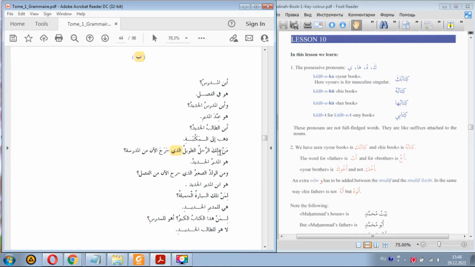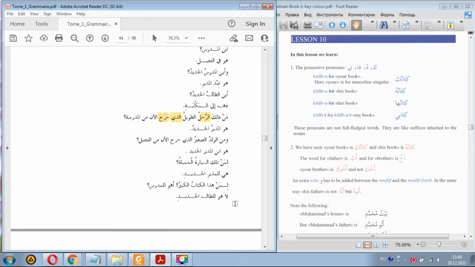Like: man dhalika ar-rajul at-tawil alladhi kharaja al-an min al-madrasa, who is that tall man who went out or came out of the school. So this is a relative pronoun, which means who if we refer to a human being, but if we refer to an animal or some objects, we translate it as that or which.